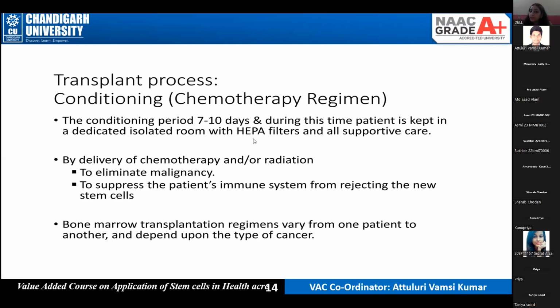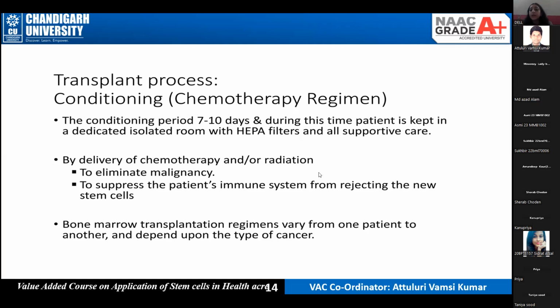Why do we use HEPA filters in that room? Because they have mesh filters, so even small dust particles and any pathogen are not able to invade that area, and the patient is safe from foreign particles.